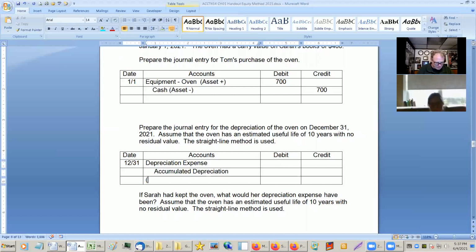So 700 divided by 10 years is 70. Tom is going to depreciate $70 every year.